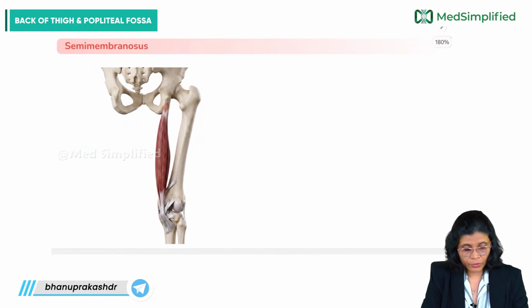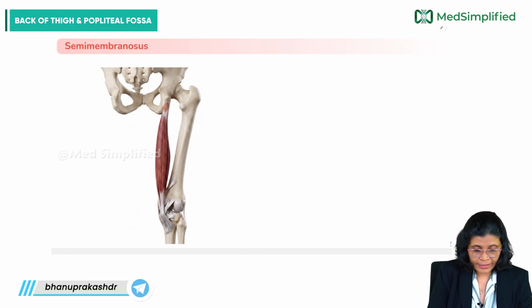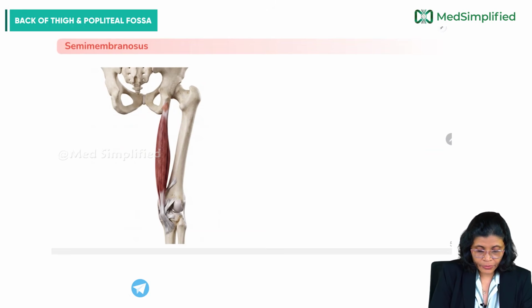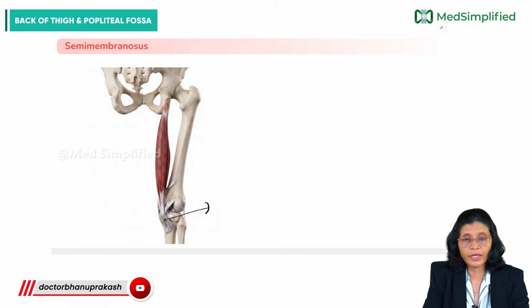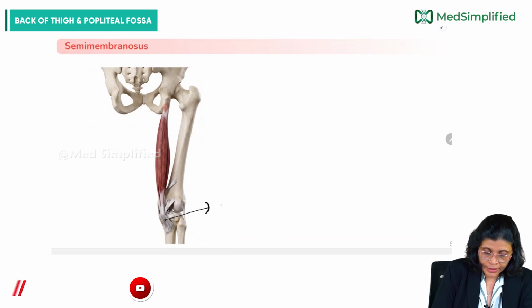Now the semimembranosus. Semimembranosus comes from the superolateral part of the ischial tuberosity and it gets inserted into the groove on the medial condyle of the tibia. Posterior aspect of the medial condyle of the tibia, we have the insertion of semimembranosus. So it is into the tibia.